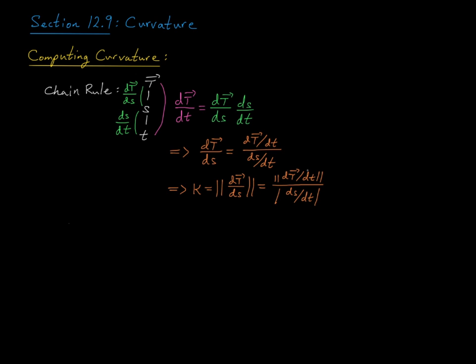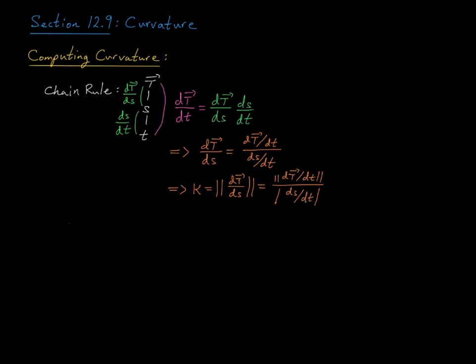So it makes sense to take the magnitude of that derivative in the numerator. Now in the denominator, arc length s is a scalar, and so this derivative ds/dt is a scalar quantity. So note here I have an absolute value in the denominator.